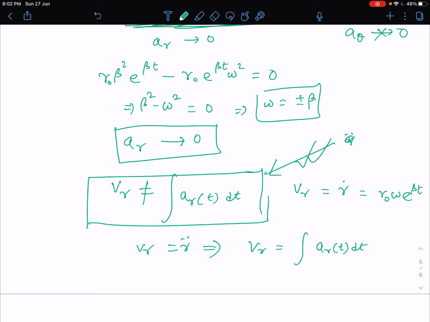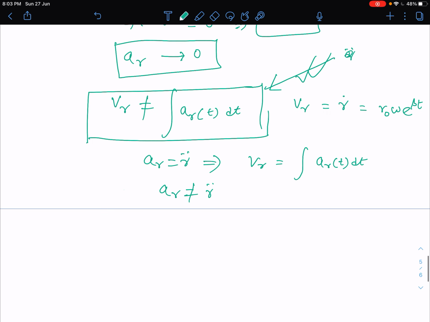But for the generalized case, where ar is not equal to r double dot, that is, ar is r double dot minus r theta dot square, this thing is not valid.